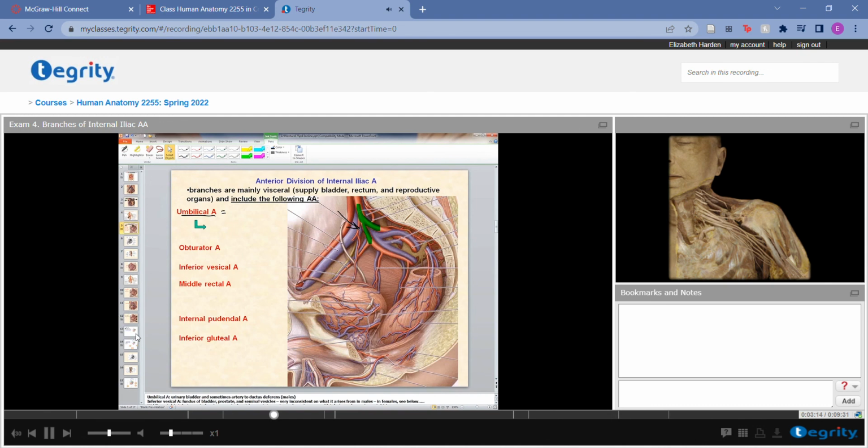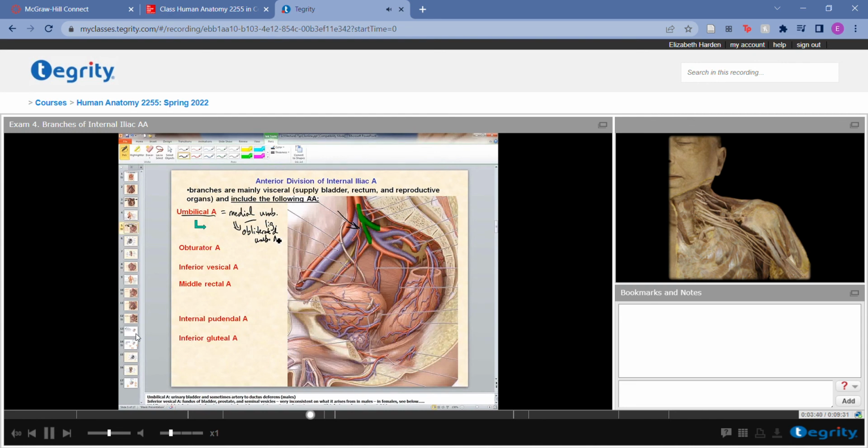So this can also be referred to as our medial umbilical ligament, it's important that you remember that, and that can also be called the obliterated umbilical artery. Okay, so obliterated umbilical artery is the exact same thing as medial umbilical ligament. It's that part of the umbilical artery that essentially degenerates into this non-usable ligament.